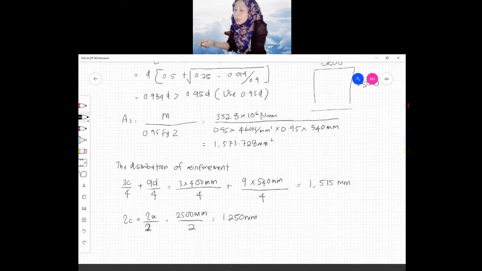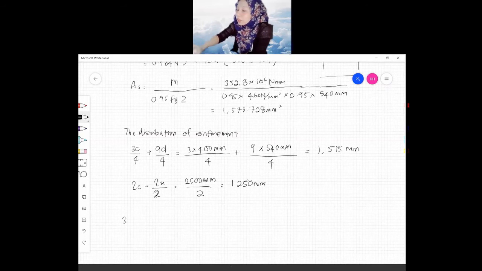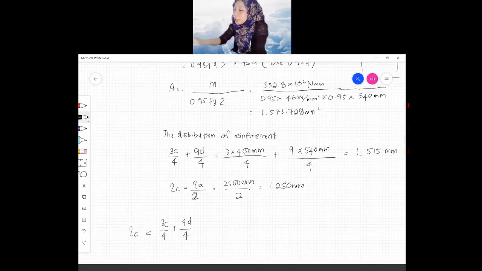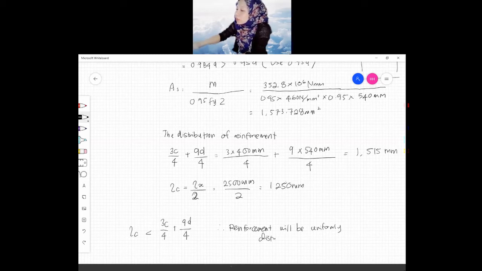So we must make sure that when you get 3C over 4 plus 9D over 4, LC must be lower, then you design the reinforcement to be uniformly distributed.